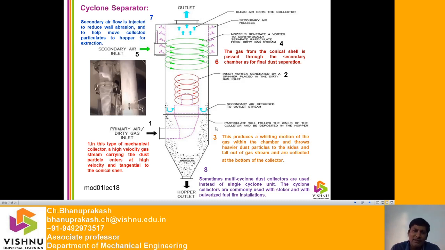In pulverized fuel firing, the coal is crushed into fine powder form, so there will be more dust. Due to that reason, the application is exclusively in pulverized fuel firing, the pulverized fuel equipment we discussed earlier. There we can use a cyclone separator.